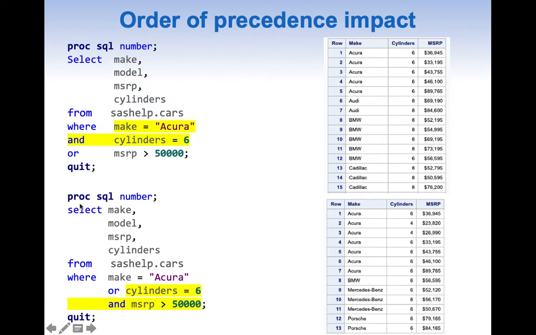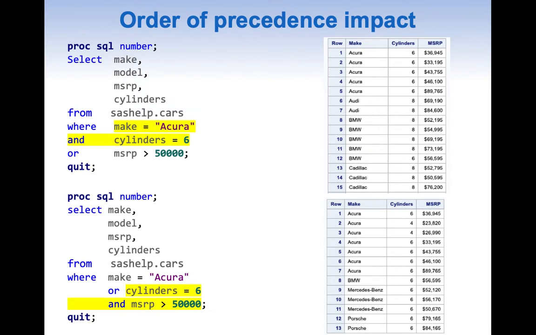In the next query, we have a very similar query, but it has a small change. Let us look into that change. Here we are saying where make equal to Acura or cylinders equal to 6 and MSRP is greater than 50,000.